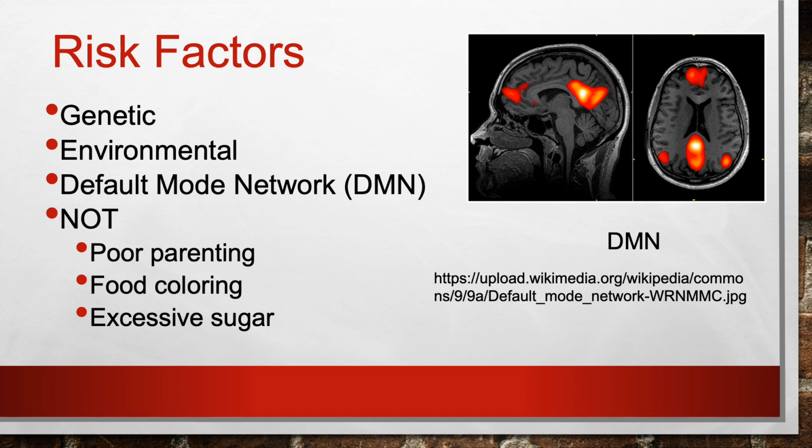Failure to suppress the default mode network in ADHD leads to lapses in attention, distractibility, and impulsivity. ADHD is not caused by poor parenting, food coloring, or excessive dietary sugar.